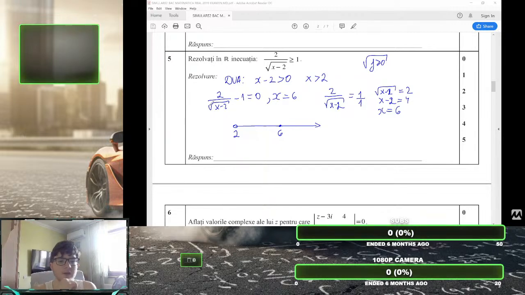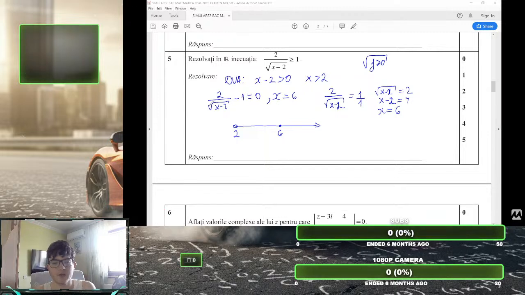Or what better value can I take? From 6 to the right, I can take 11, and 11 minus 2, square root of that, that's 3, so 2 divided by 3 minus 1, that is negative.